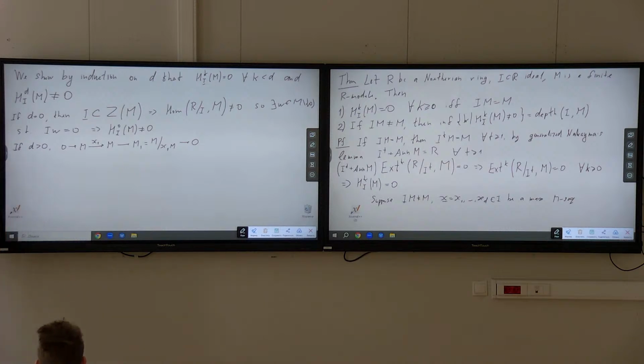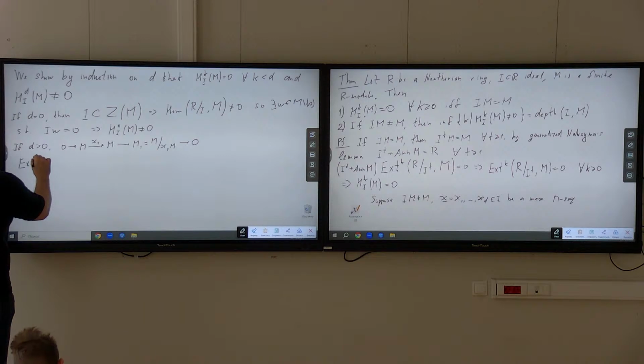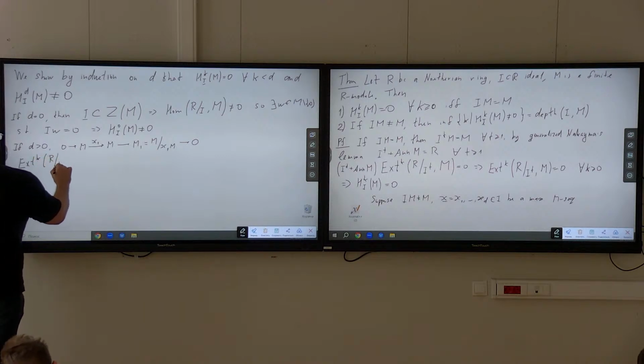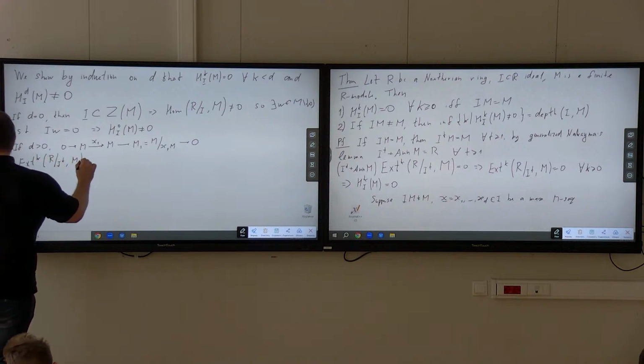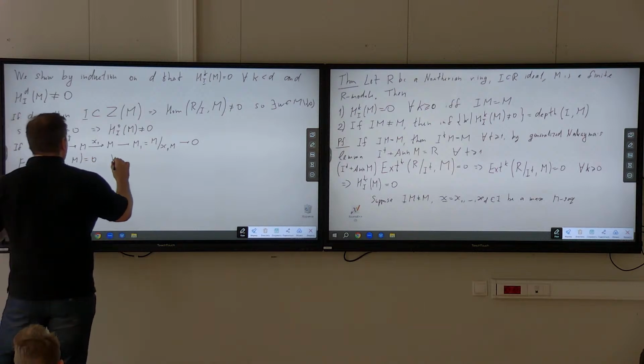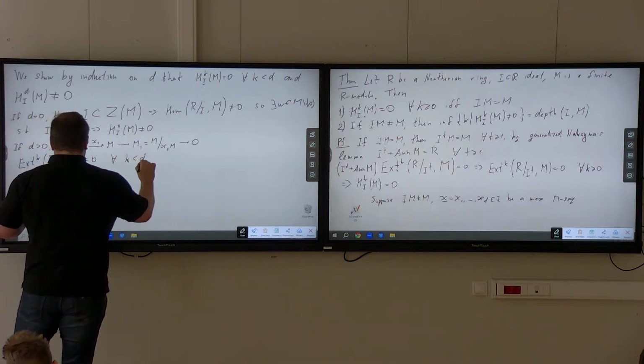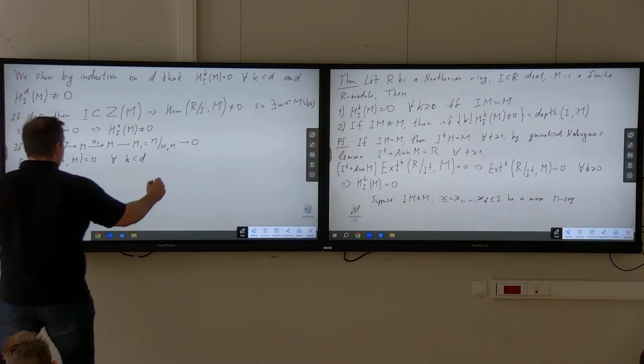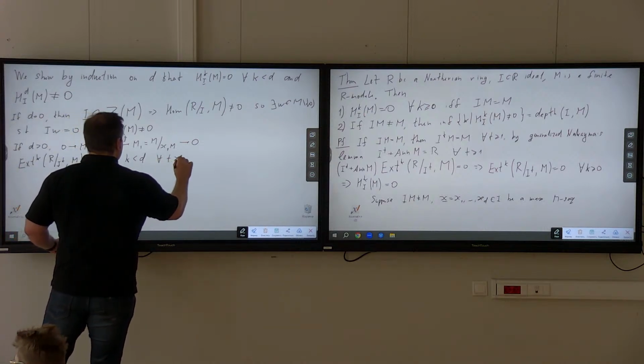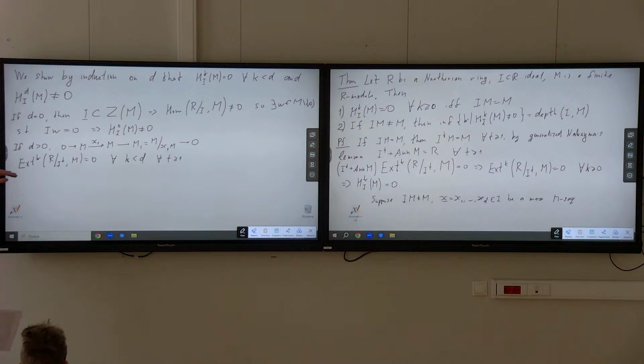So then Ext^k(R/I^t, M) is equal to 0 for any k less than d, and of course for any t starting with 1. So this is again that statement, the first statement in section 1.2. Right, the index is less than the depth of the second argument, and this is supported on the ideal, then such Ext is 0.